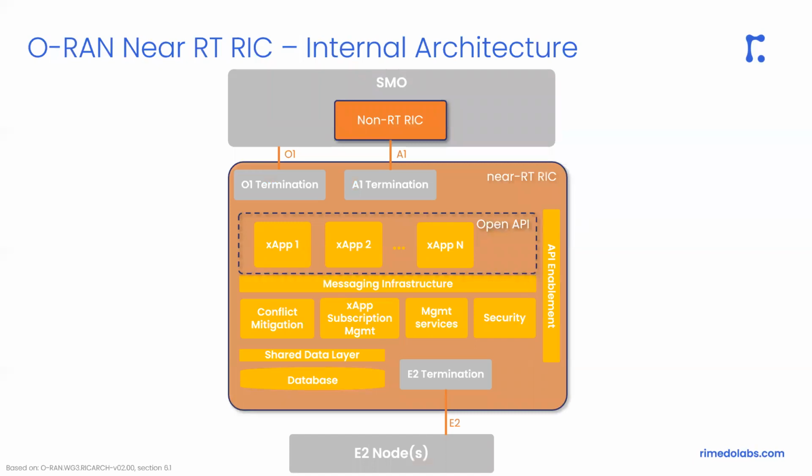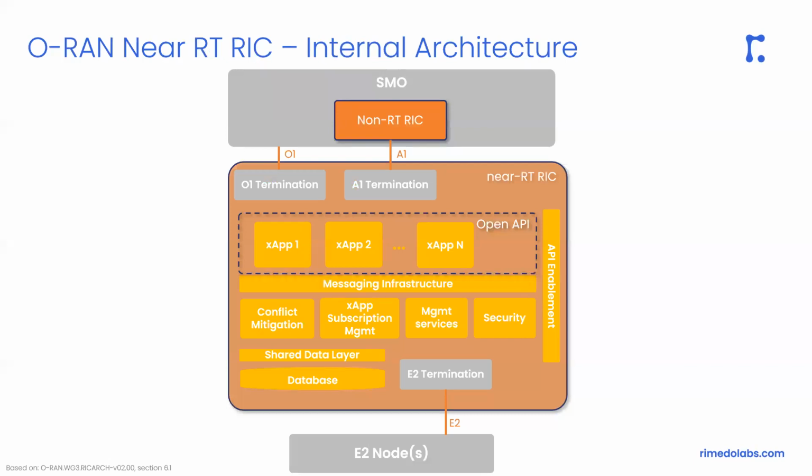Going down to the near real-time RIC is a little bit more detailed in terms of how it is structured in the standard. The near real-time RIC, of course, has the termination points for all the different interfaces. And it also has the part related to the management of the xApps. Now we are speaking about the xApps. So there is an open API for this.